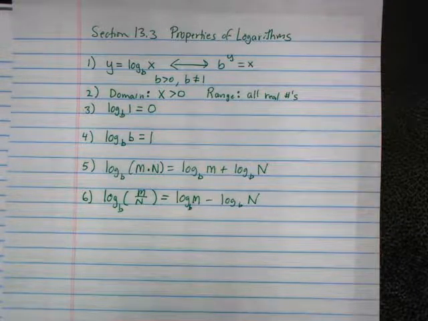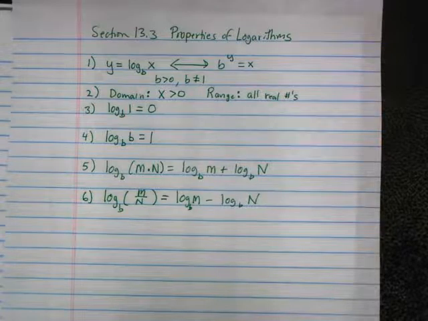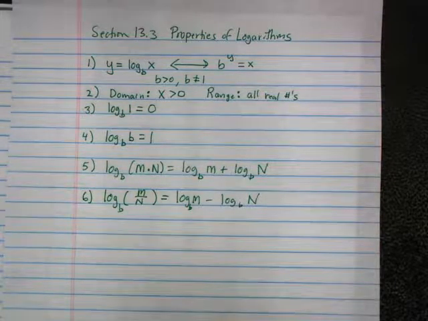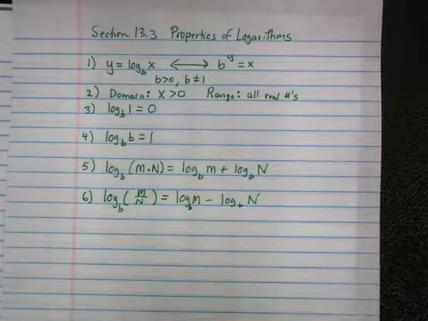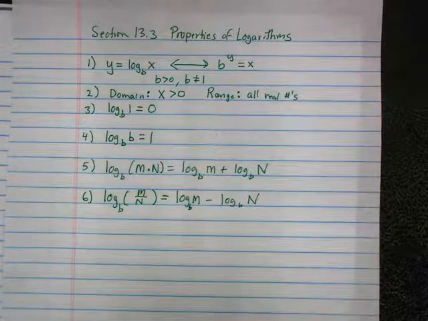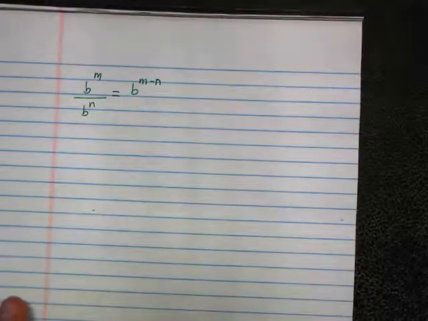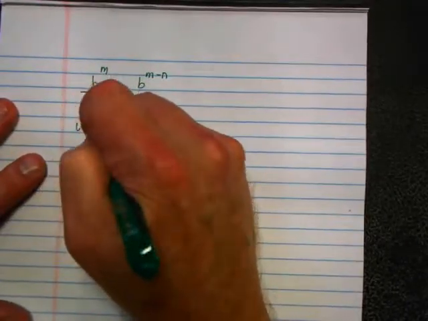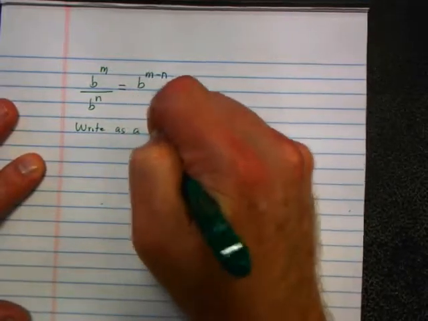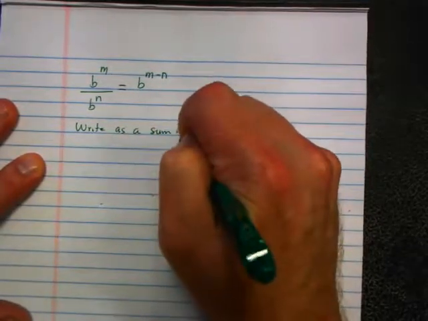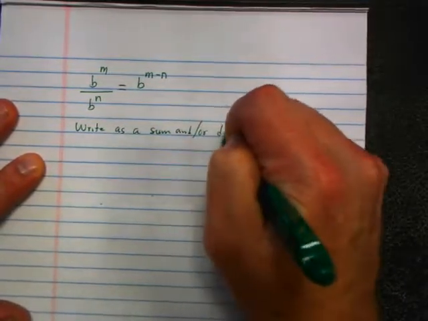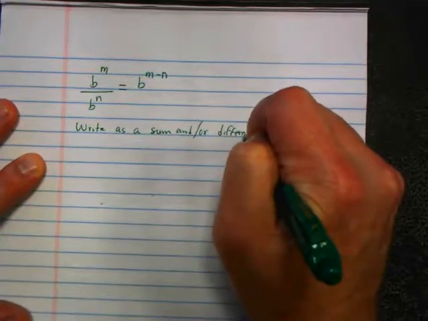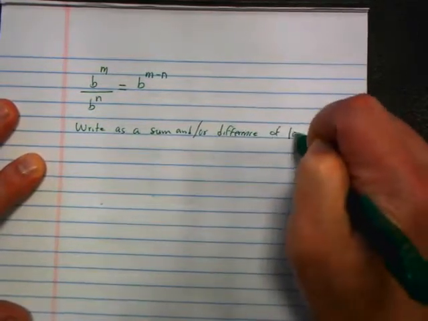It's the same rules as exponents, just written in logarithmic notation. That's correct. They're really exactly the same rules. Yes, the next one's going to have something to do with exponents. But let's look at this one first. So now the directions would be write as a sum and or difference of logs.